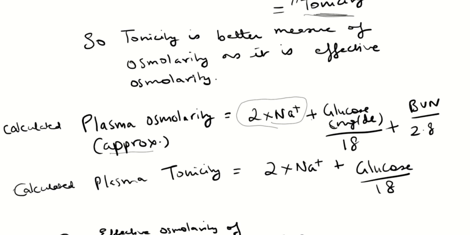Now, if I had to calculate effective plasma osmolarity, what would that be? Well, the 2 times sodium would be there, the glucose will be there, but what about blood urea nitrogen? This is not effective. So this has to be eliminated.